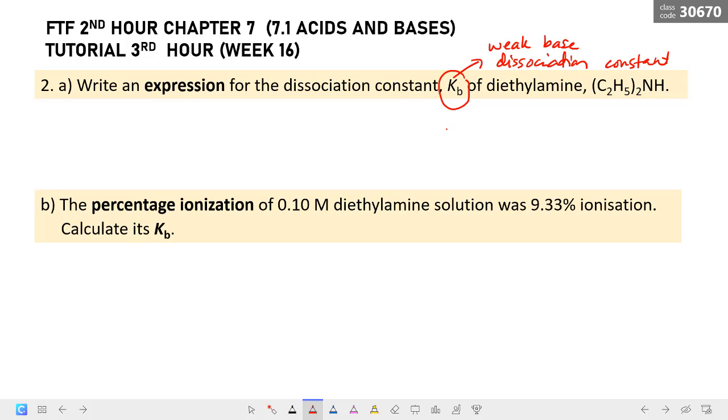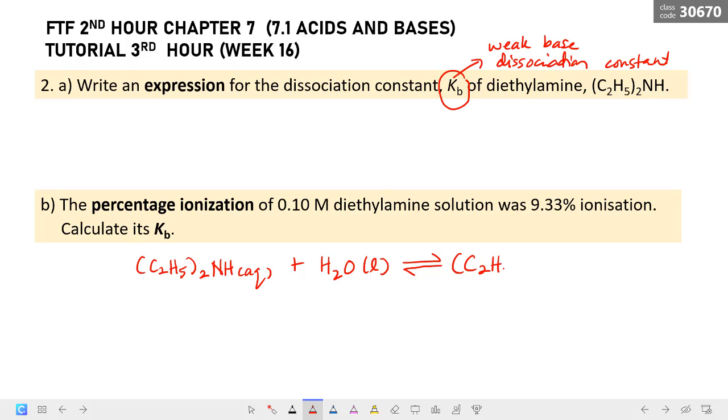Okay, jadi macam tadilah untuk kita buat Kb expression ini, kita perlu merujuk kepada dissociation equation of the amines. Amine ini adalah, so saya conteng dulu kat sini, (C2H5)2NH aqueous, dissociates in water, liquid, reversibly sebab dia weak base, jadi dia akan menghasilkan apa?